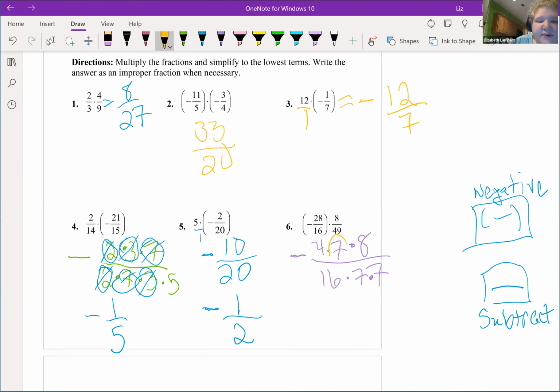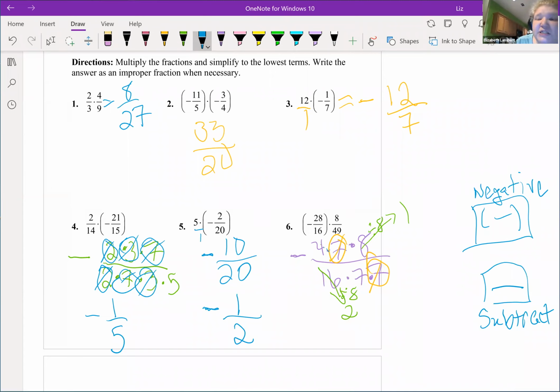Okay, so this 7 on top is going to cancel one of the 7s on the bottom. We're very grateful for that. Now, the 8 on top, if I divide the top and the bottom by 8, one of the numbers in there, divide by 8. So in this case, if I do 8 divided by 8, this becomes 1. If I do 16 divided by 8, this becomes 2. So now I have 4 over 2 times 7, but wait.